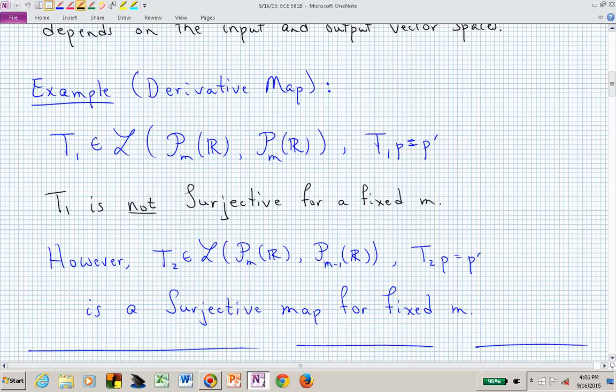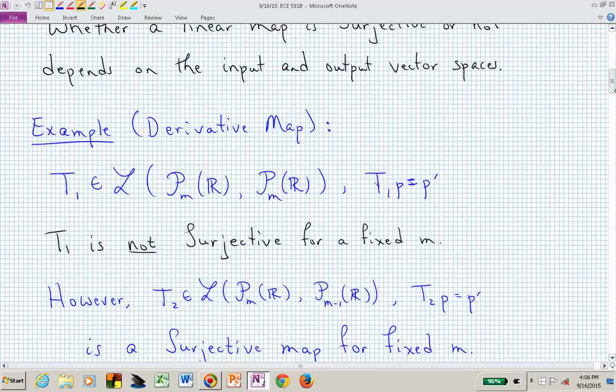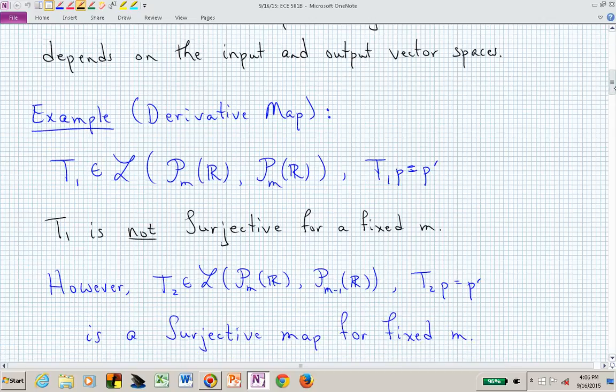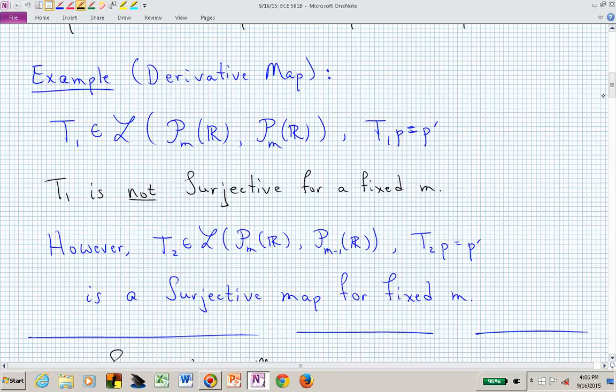And in that case, T sub 2 is a surjective map for a fixed m. And that example is trying to illustrate that it is critical what your input and output vector spaces are if you're discussing a map and whether that map is surjective or not.